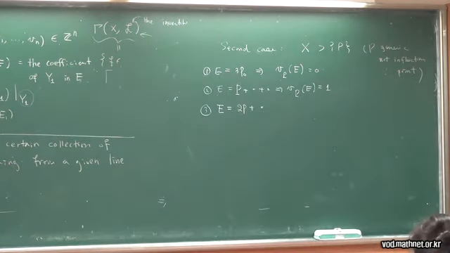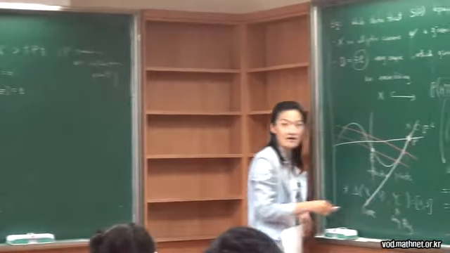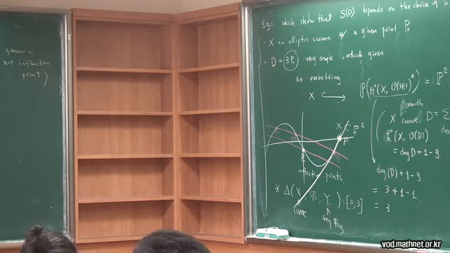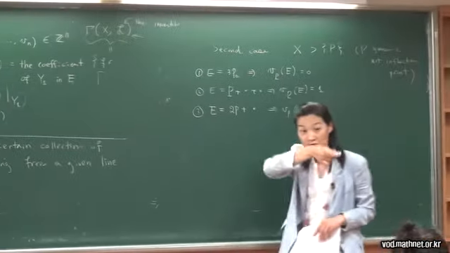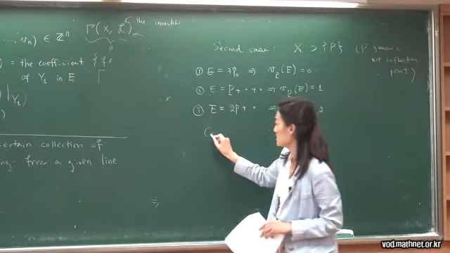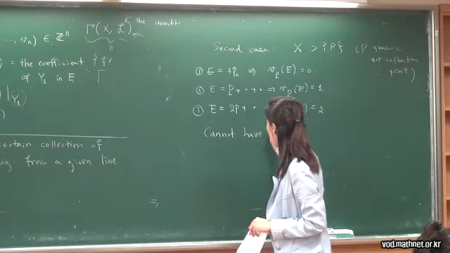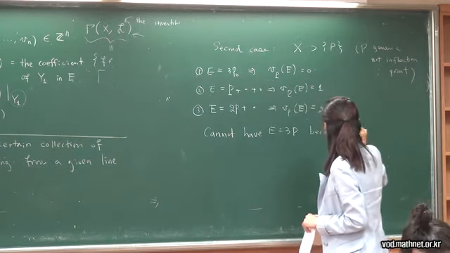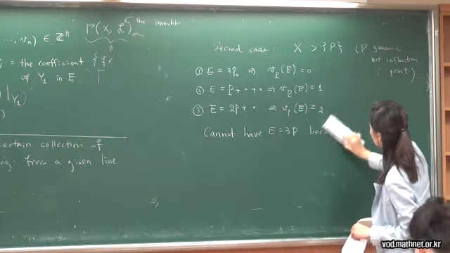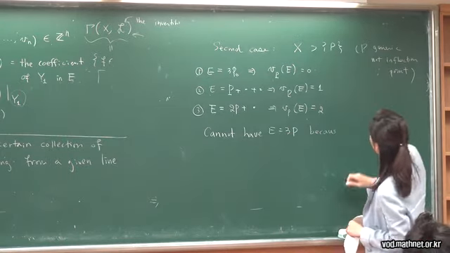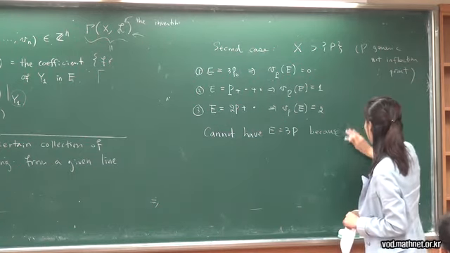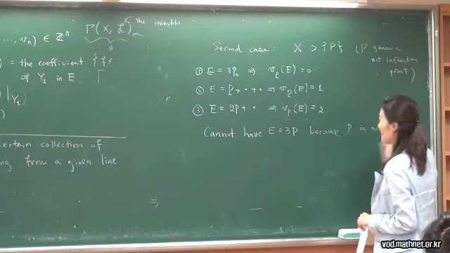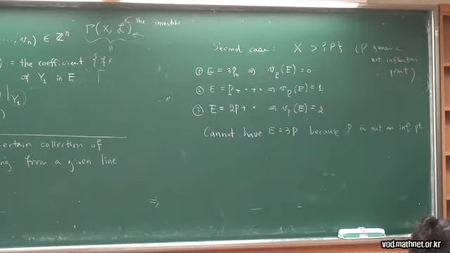You just take the tangent line. Of course, you cannot have 3 times P, because P is not an inflection point. Again, we got all 3 values we are looking for.